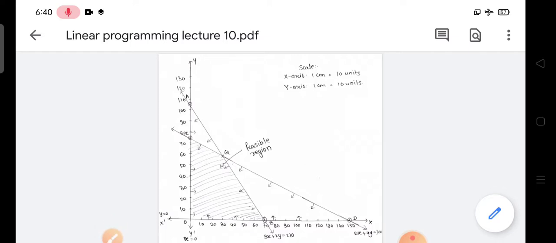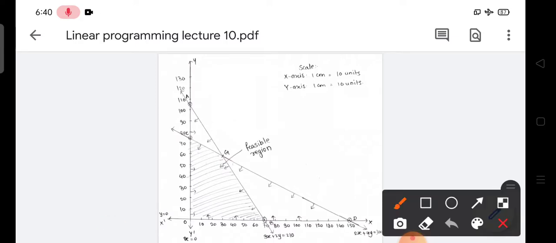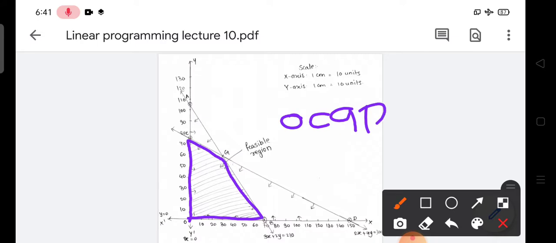What is the feasible region? Is it bounded? Yes, because the feasible region's starting point and ending point are the same, isn't it? So the feasible region is O, C, G, B, O.